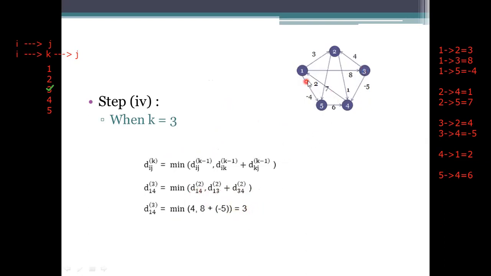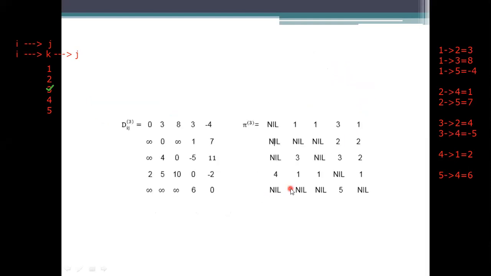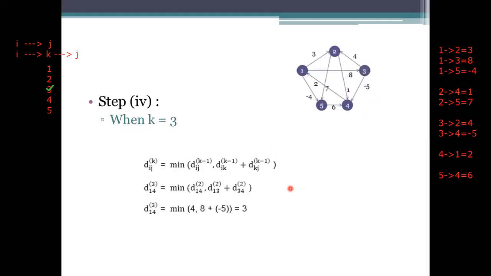If I am reaching 1, 4, I will go for the 1 to 3. 1 to 3 will be there, that is 8. And 3 to 4, there is a path which is -5, which reduces my distance. 8 minus 5, which is 3. When compared, the 4 comma 3 will be specified as 3. At this step, at k equals 3, it is using only one indication.